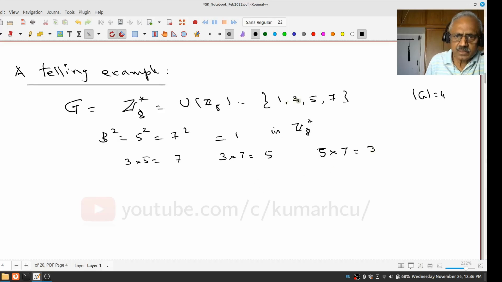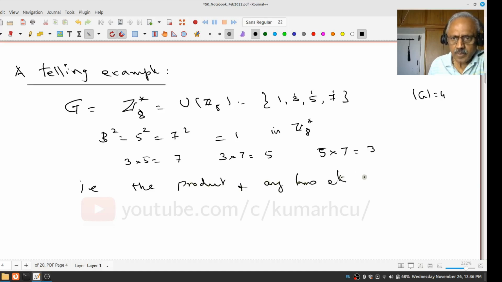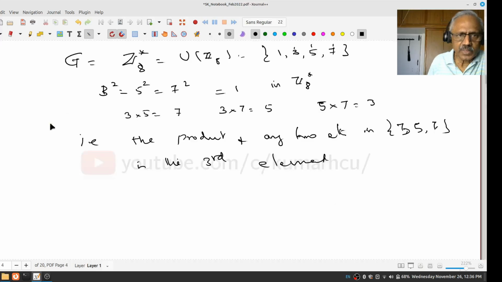That is, start with any two elements among 3, 5 and 7, and when you take the multiplication, the product is the third element, right? Okay, this is one example.